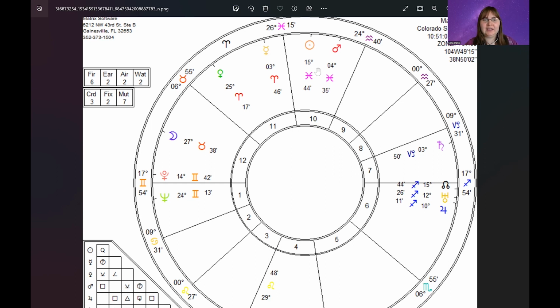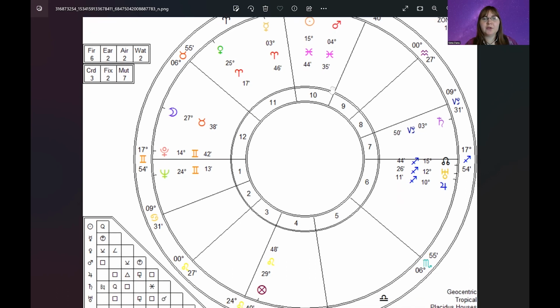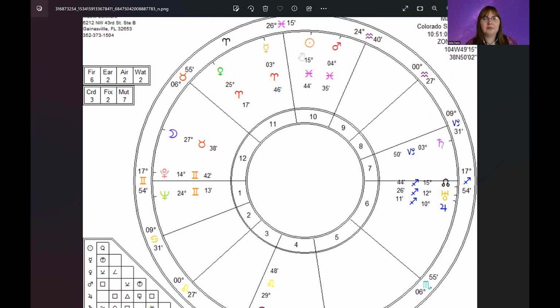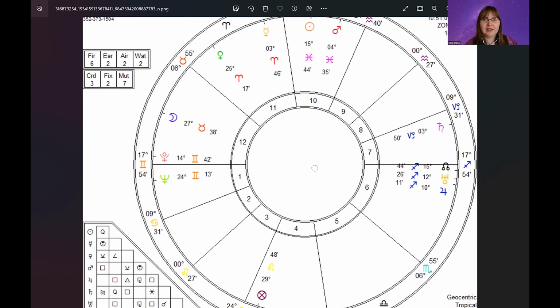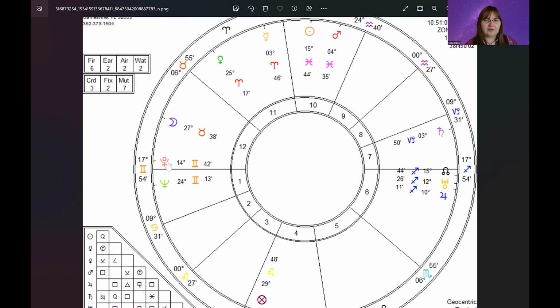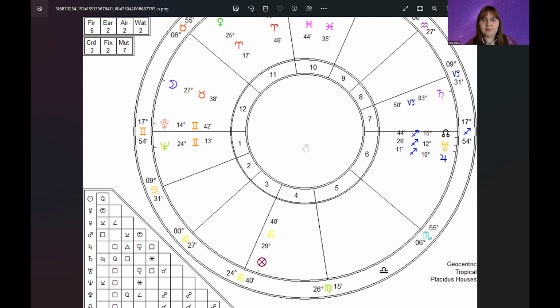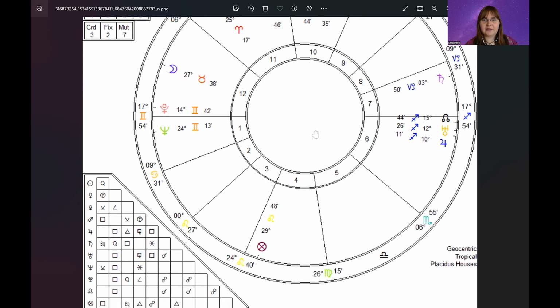So as you can see, we have the sun, and this is in a mutable sign. So any mutable sign at 15 degrees is going to square or oppose this sun. So if you go down, we can see that we have Gemini over here, we have Sagittarius over here, and we have Virgo down here.